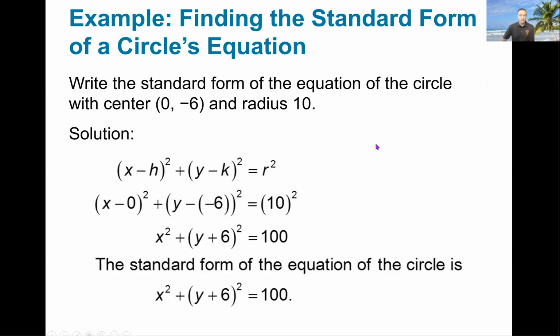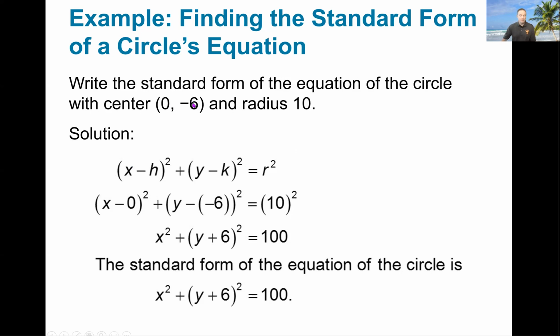Now, remembering this formula, we apply it to a specific problem. I'm asking you to find the equation in standard form of a circle with a center at 0, negative 6, and a radius of 10. Well, you just look at your basic standard form, and this is going to be super easy. My center is h, k, so I'll substitute in a 0 for h and a negative 6 for k.